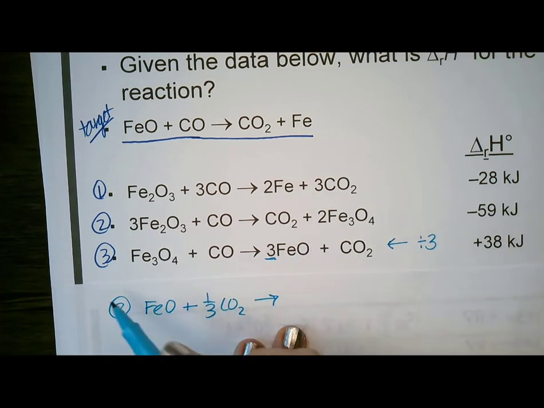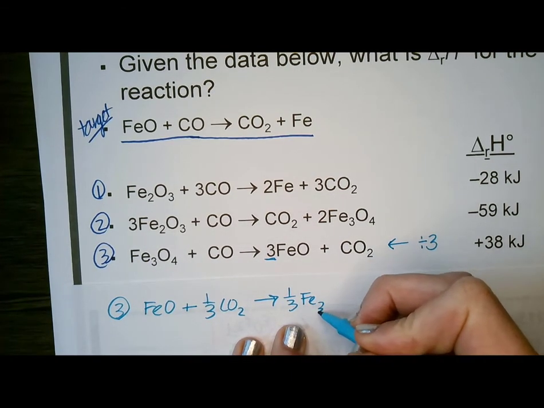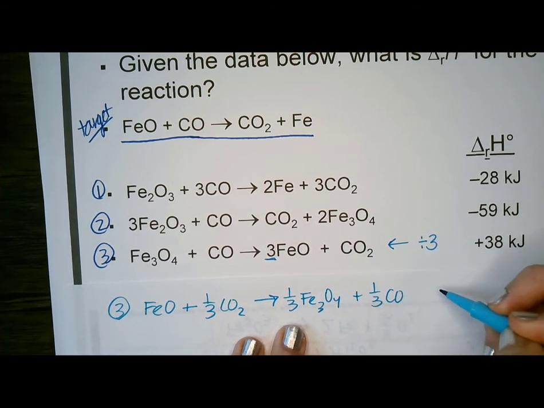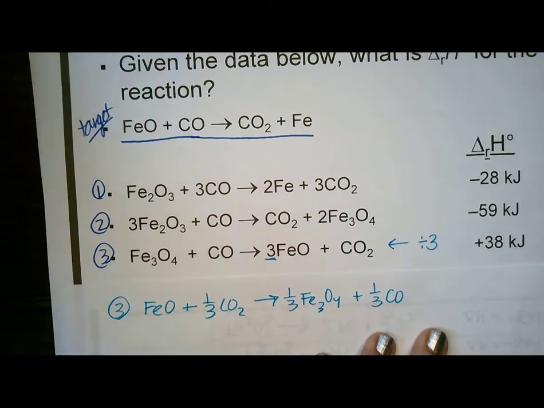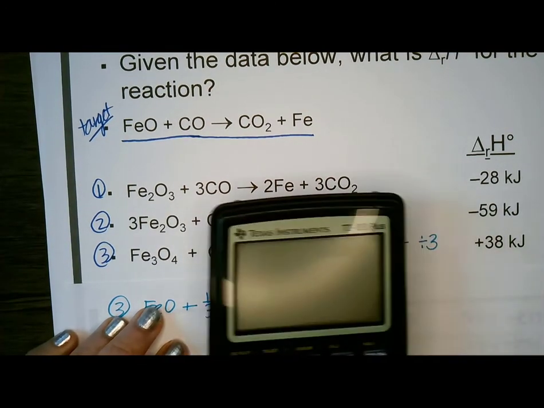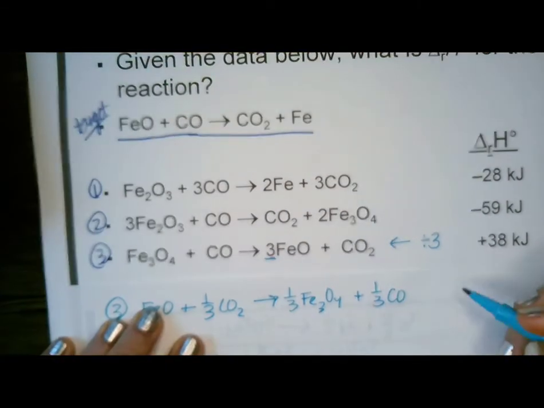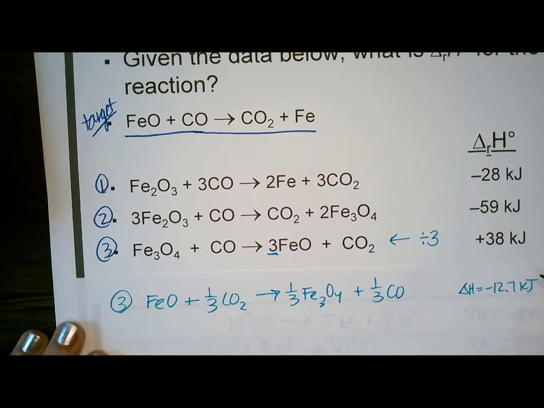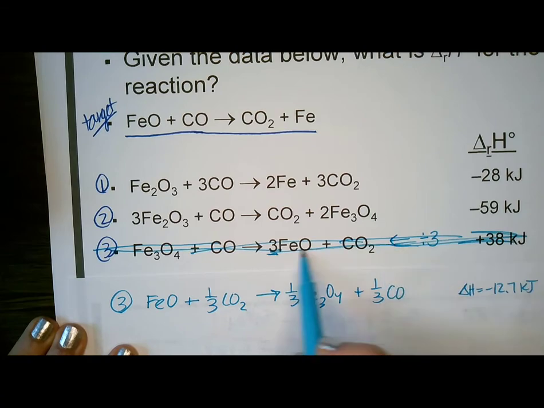And again, I divided each of these by 3, so now I'm going to have 1/3 Fe3O4 plus 1/3 CO, and that's going to give me a delta H of, I'm going to flip my sign, so negative 38 divided by 3. What does that give us? Negative 38 divided by 3. Negative 12.7.